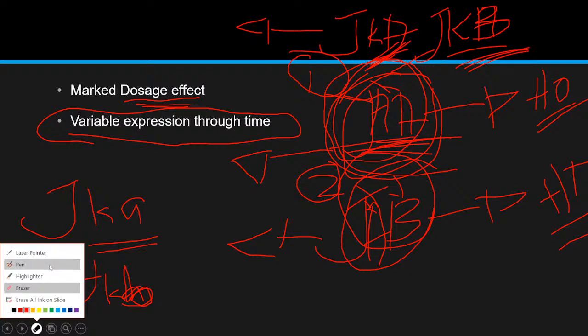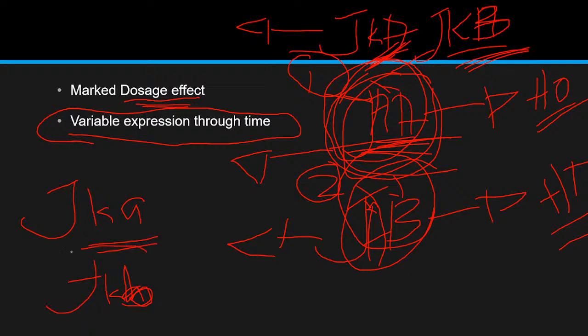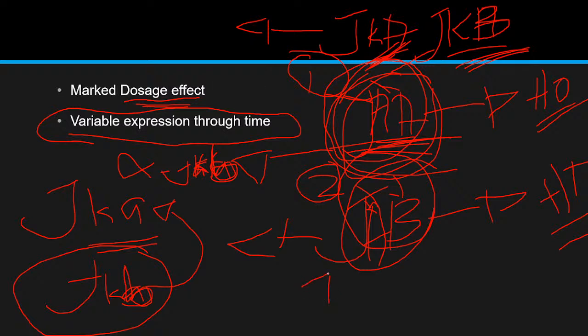Now, because these cells have been introduced to her body, she will produce anti-JKB. Okay? So when anti-JKB will be produced, she will have IgG molecules of it floating around her system for quite some time.